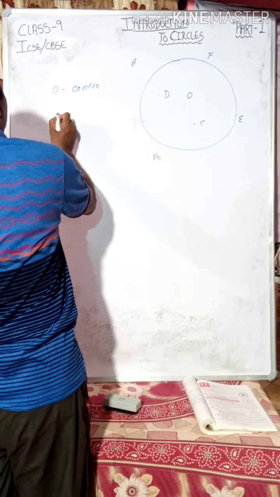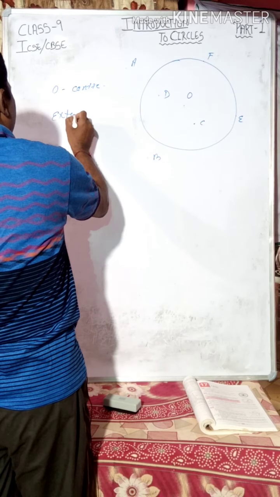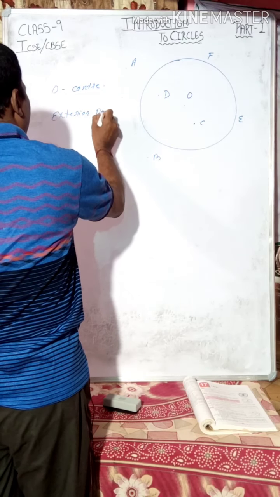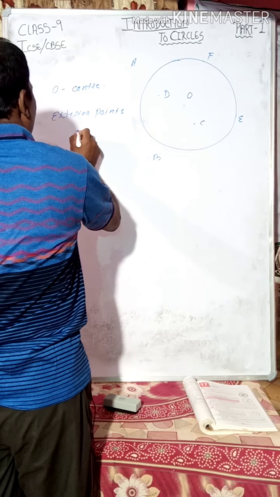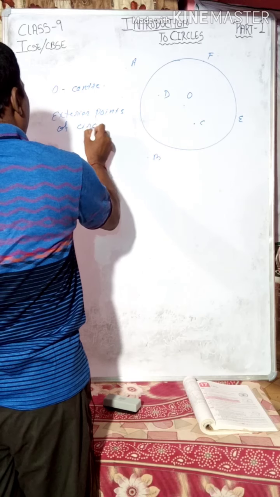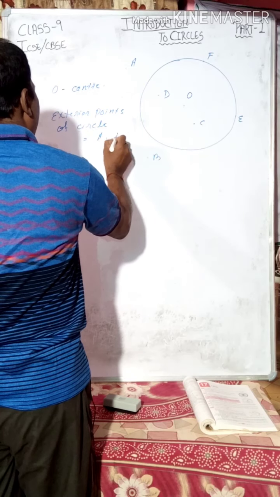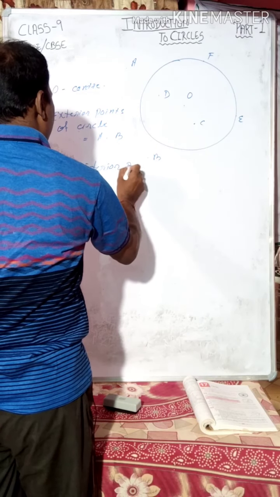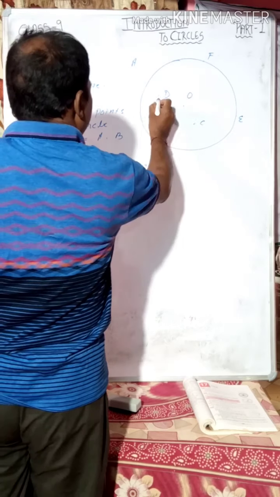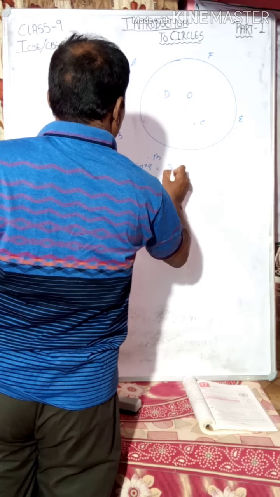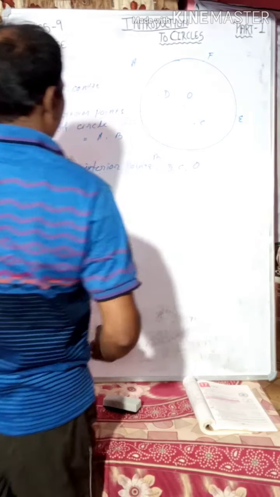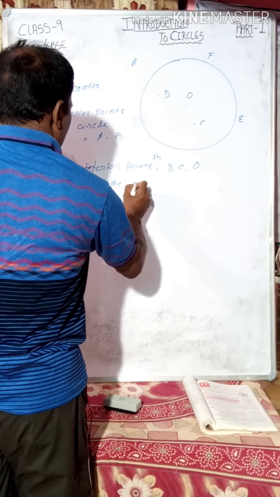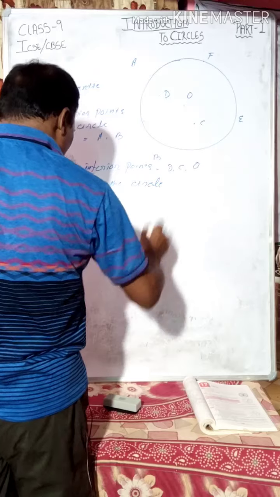These points are exterior points of the circle, A and B. Interior points are D, C, and also O. On the circle, on the circumference, are E and F.